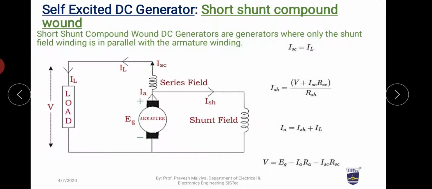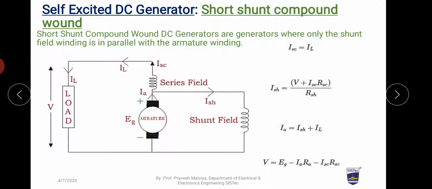According to this circuit, ISC is equal to IL, the load current and the series field current are the same, and the shunt field current can be given as V plus ISC RSC upon RSH according to Ohm's law.